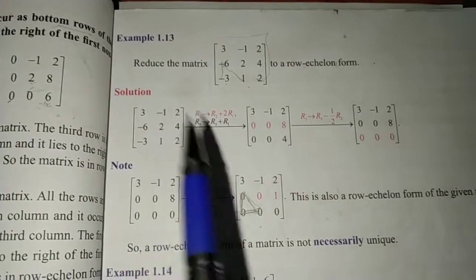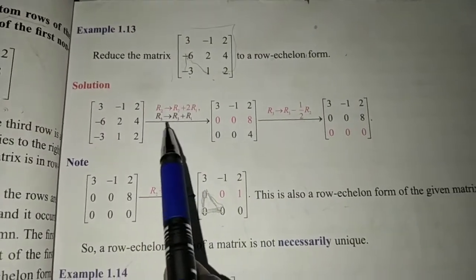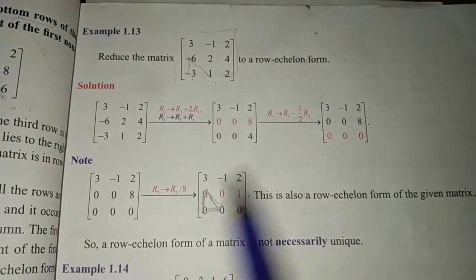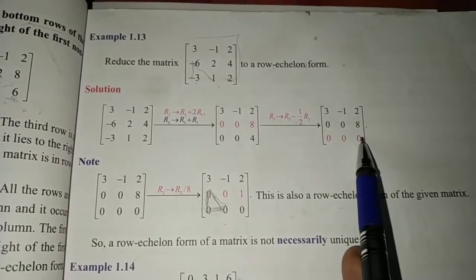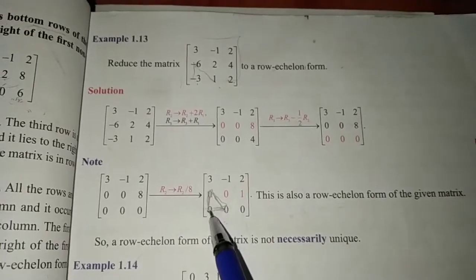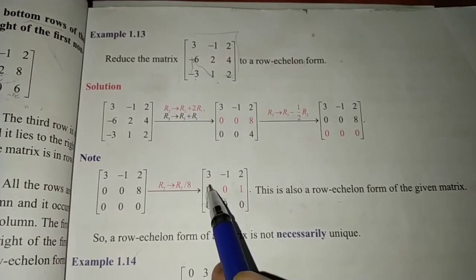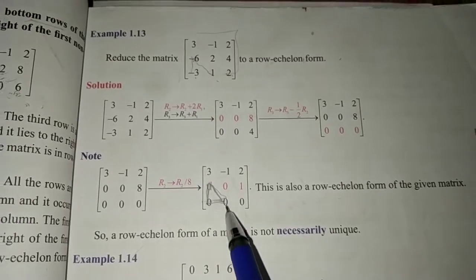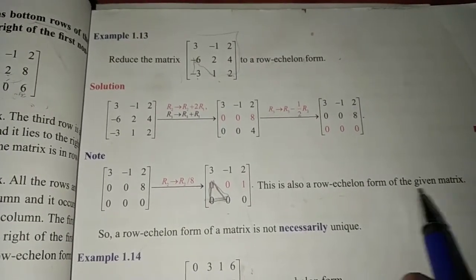Using the elementary transformation method, we get this matrix. Now see the zeros. This is a triangular form, and this is a row echelon form.